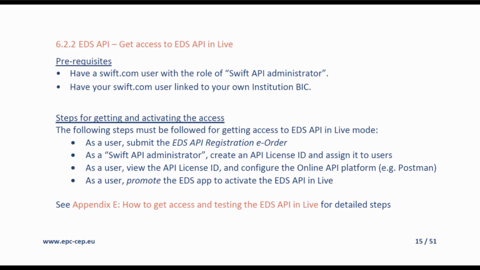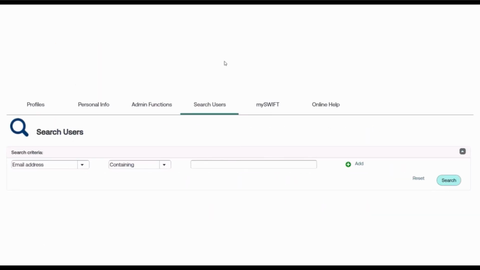First, I will explain how to grant the role of Swift API administrator. First, the Swift.com administrator will search for the user to whom he wants to grant the role of Swift API administrator.